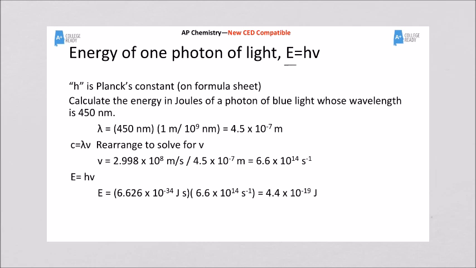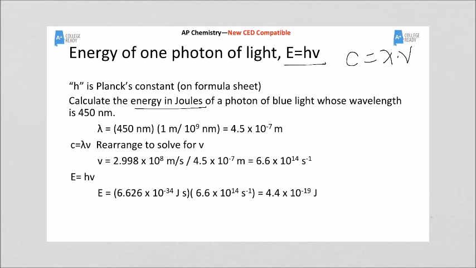This formula and the value for Planck's constant are contained on the formula sheet, so nothing you would ever worry about memorizing. In this question, it says calculate the energy in joules of a photon of blue light whose wavelength is 450 nanometers. So notice we really have to take into account several relationships.